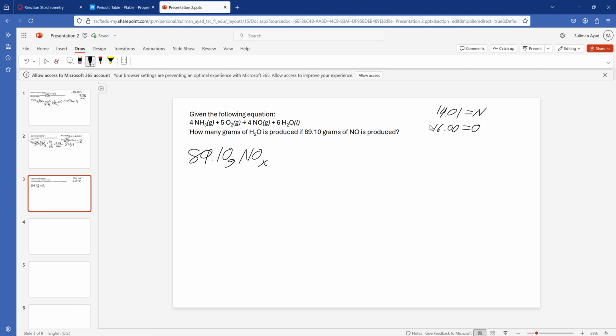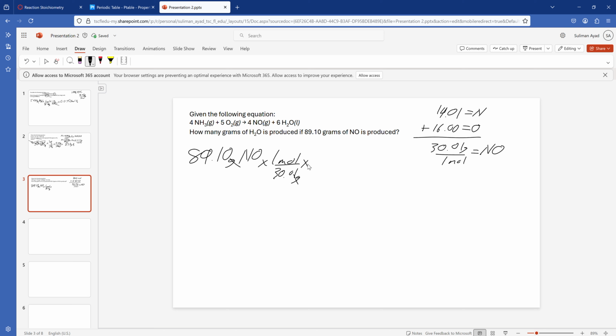And so because there's just one of each of those, I'll add them together and I'll find 30.01 grams per 1 mole is the molar mass of nitrogen monoxide. I'll put 1 mole on the top and 30.01 grams on the bottom because I'm trying to make grams cancel. I now have moles of nitrogen monoxide.